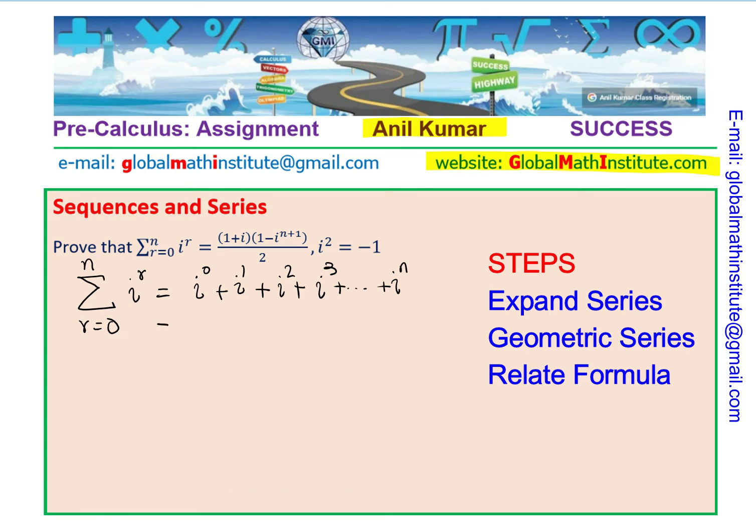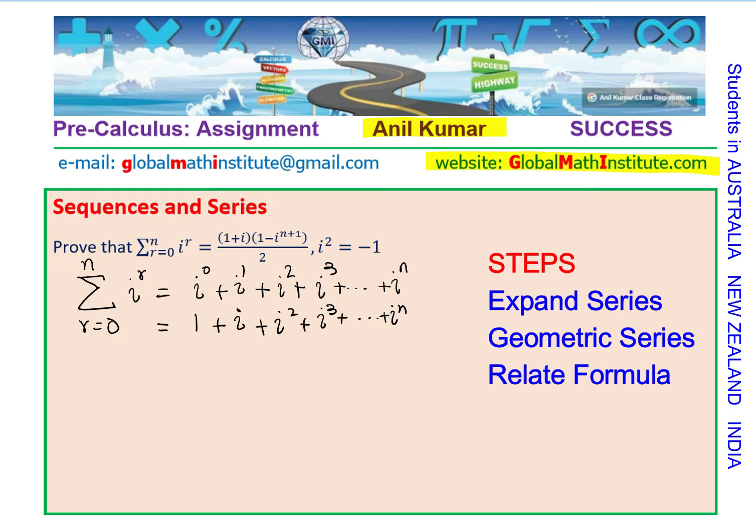Which you would also write as: i to the power of 0 is 1, and i to the power of 1 is i, and then we just keep these powers of i up to i to the power of n. So what does that remind you? Well, it looks like a geometric series. So let's review the geometric series.